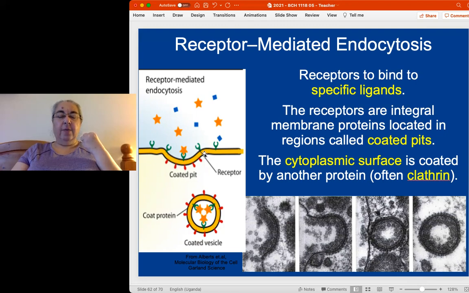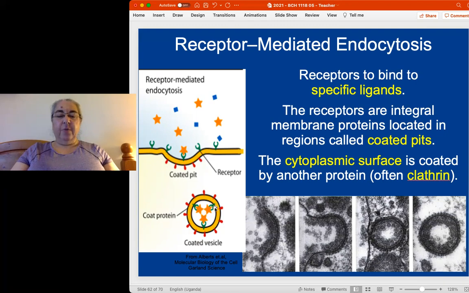So again, we're making a vesicle, but notice this time that on the inside of the membrane, where there are receptor molecules on the outside, there are coat proteins on the inside. And the structure that's being formed here is called a coated pit.